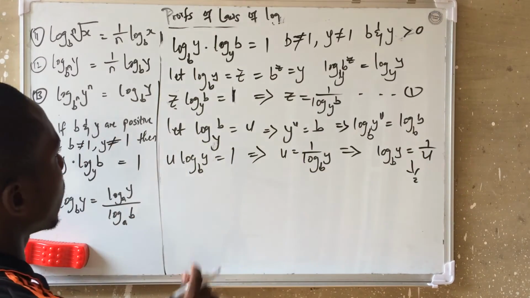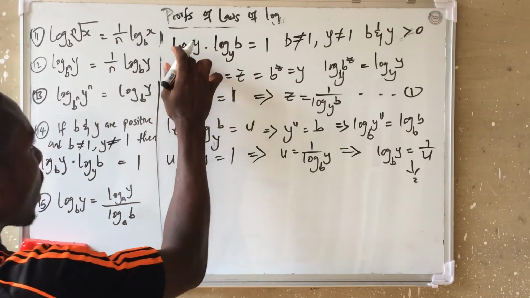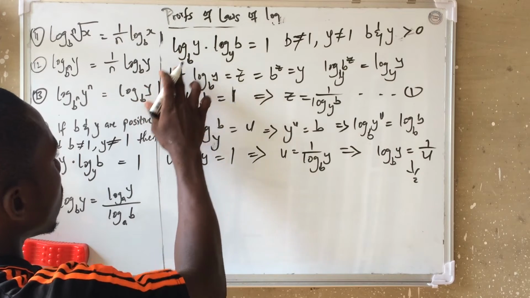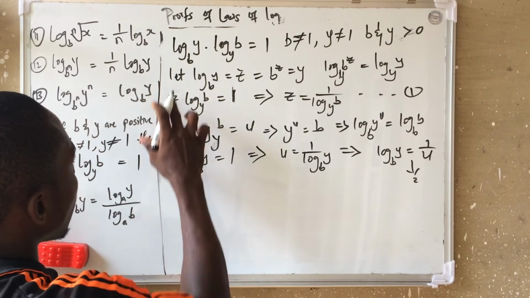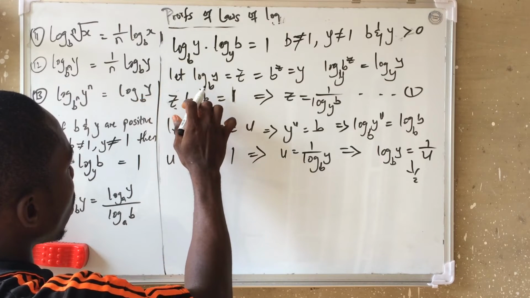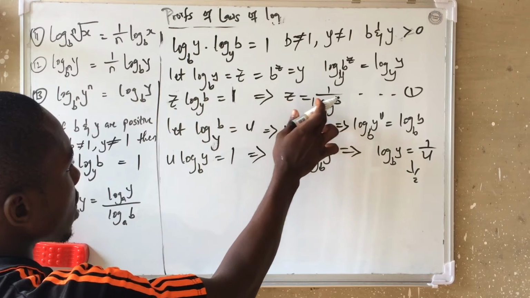So now, from the question, it says log to the b of y. What is my log to the b of y? Log to the base b of y is equal to z, and my z is equal to this.